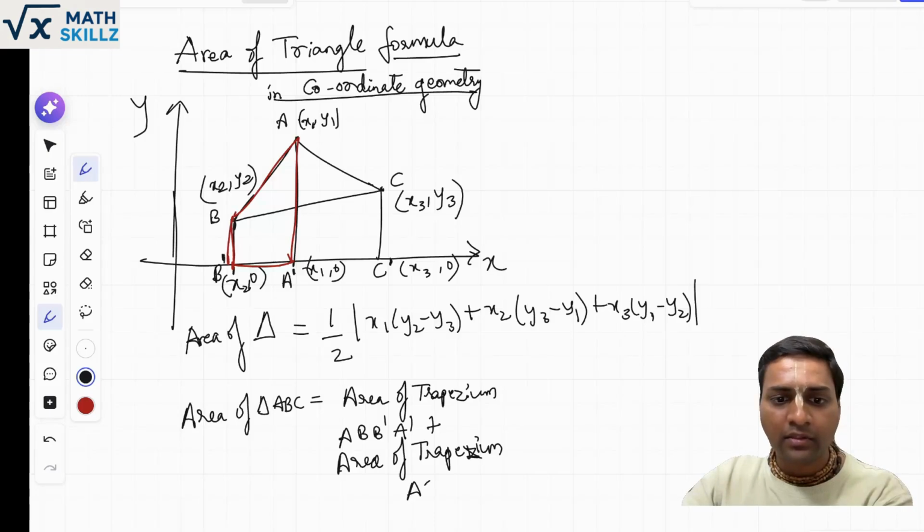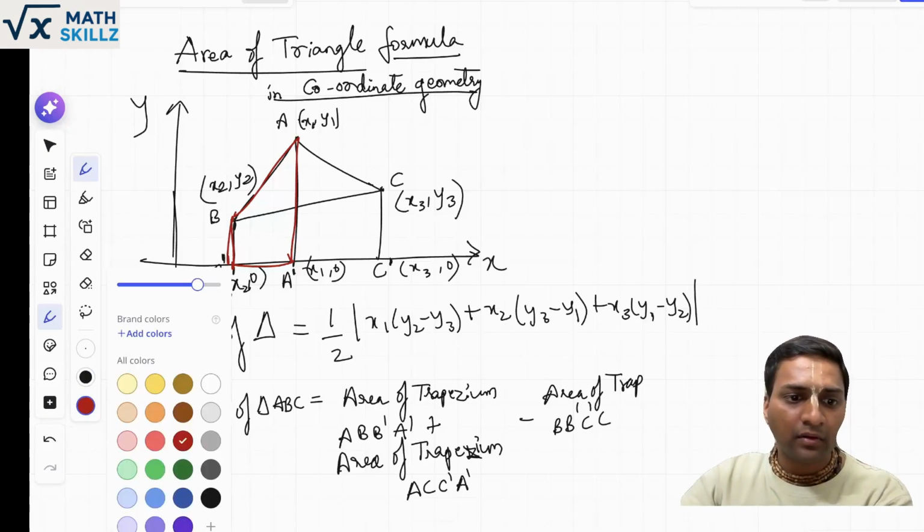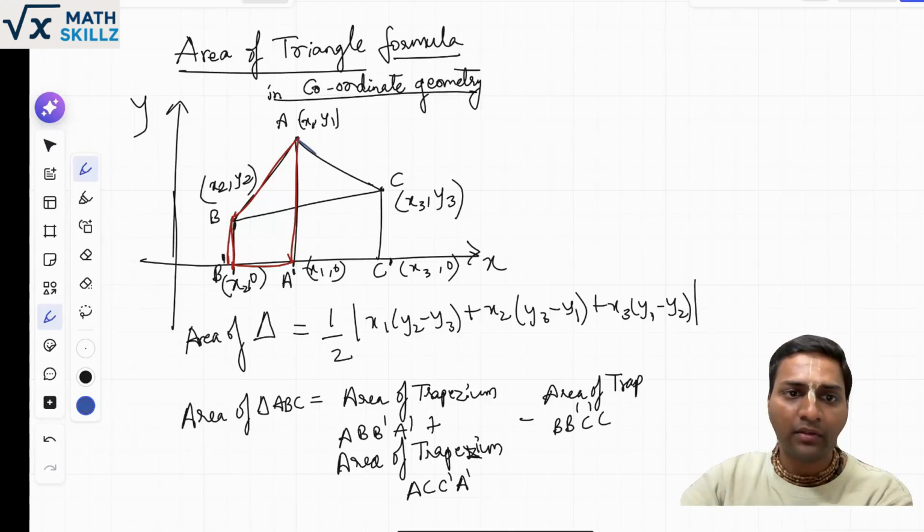Then minus the area of trapezium B B dash C dash C. I'll find these, then subtract so that I get the triangle, subtracting finally this green trapezium.